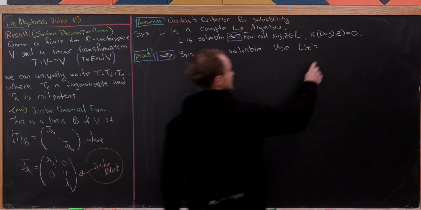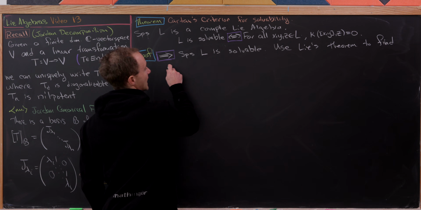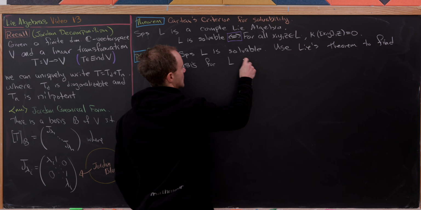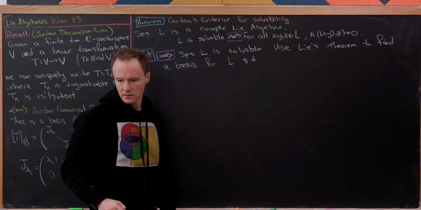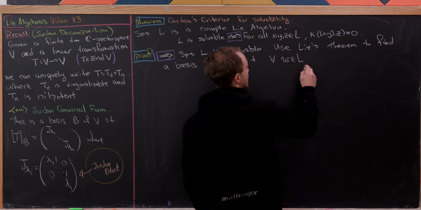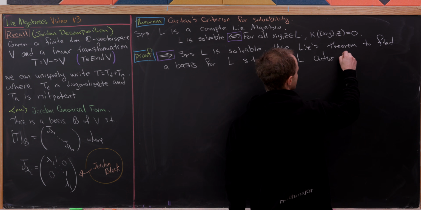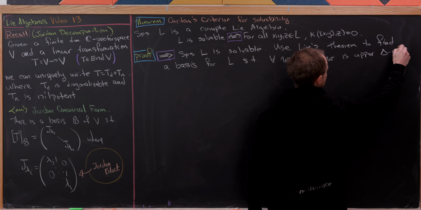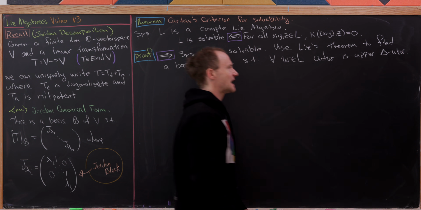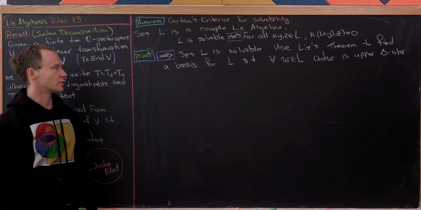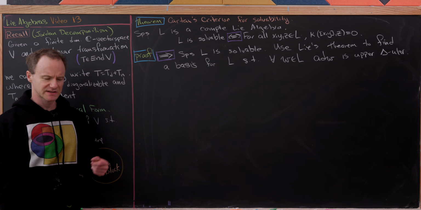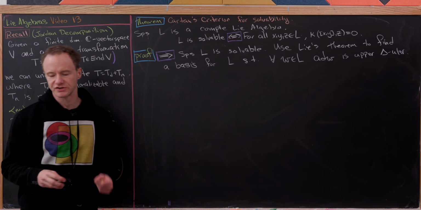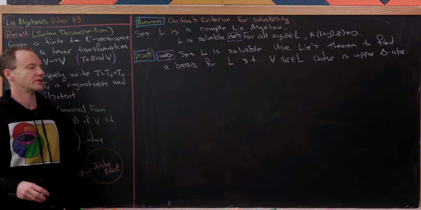So we'll use Lie's theorem to find a basis for L so that ad W is upper triangular. I think the big takeaway from Lie's theorem was that solvable Lie algebras were an abstraction of Lie algebras of upper triangular matrices. That's essentially what we're using here.